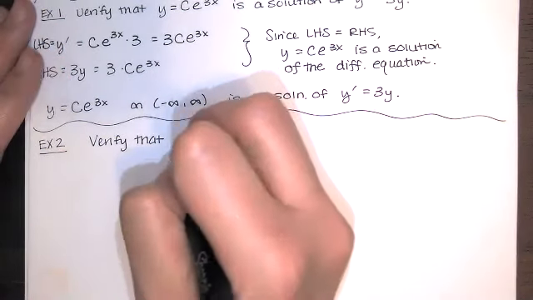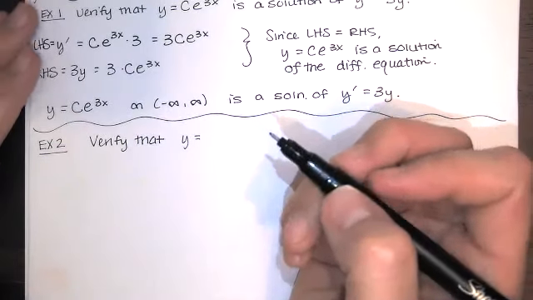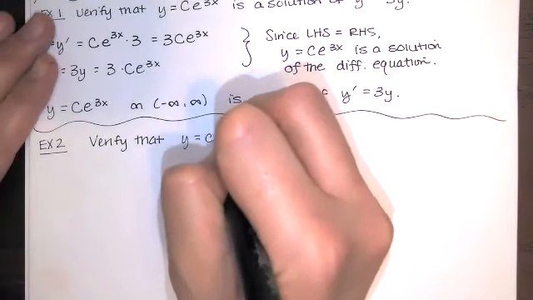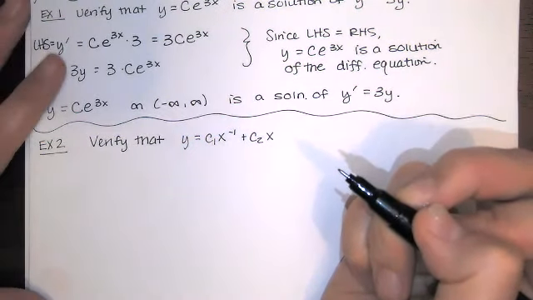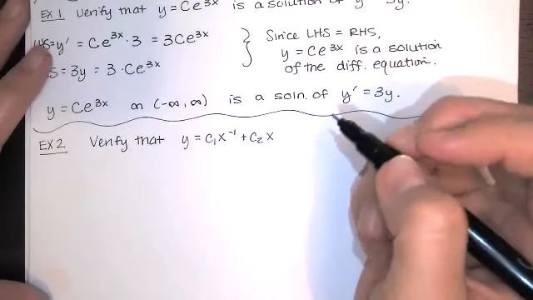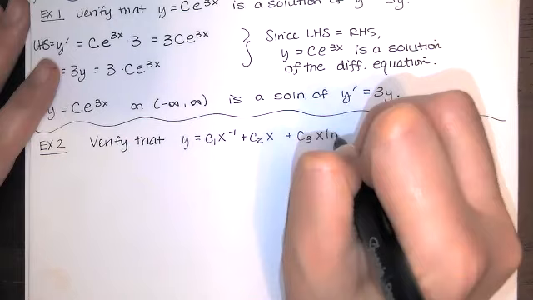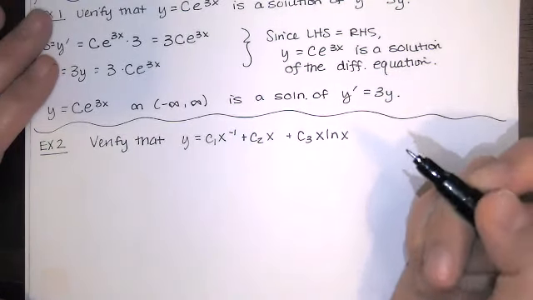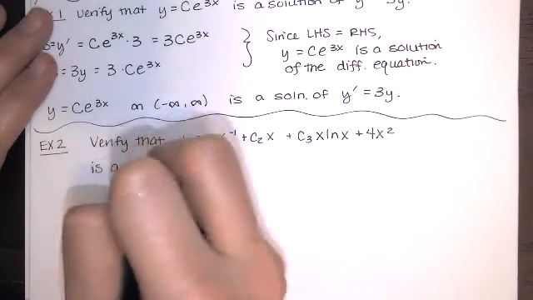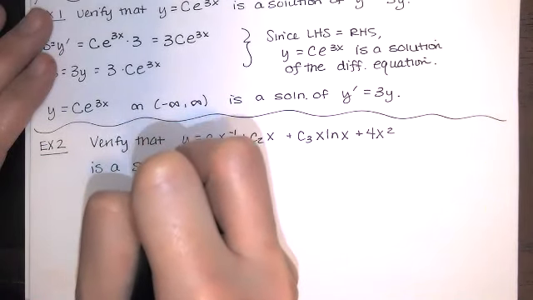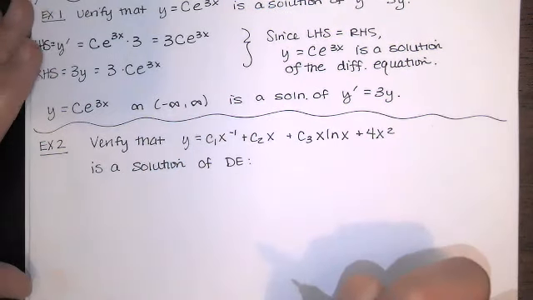Let's verify that y equals c1 times x to the negative 1 plus c2 times x to the first plus c sub 3 times x times natural log of x plus 4x squared is a solution of the differential equation that looks like this.